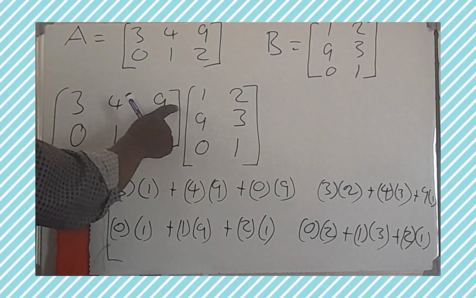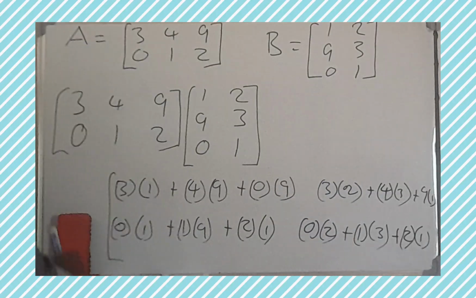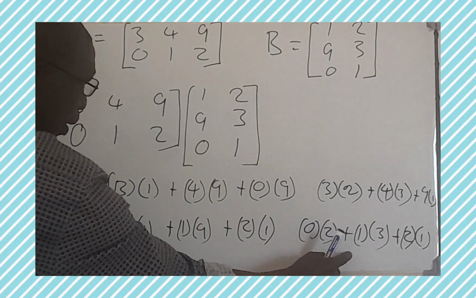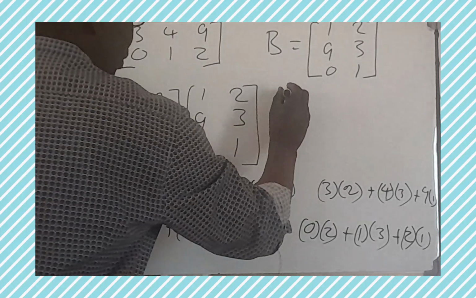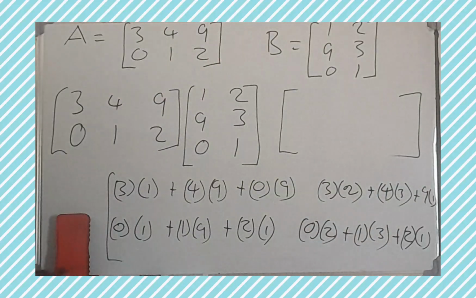So we have all this multiplied by that, which is what we have here. And we have all this multiplied by that, which is what we have down here. Adding together, we write it somewhere here.